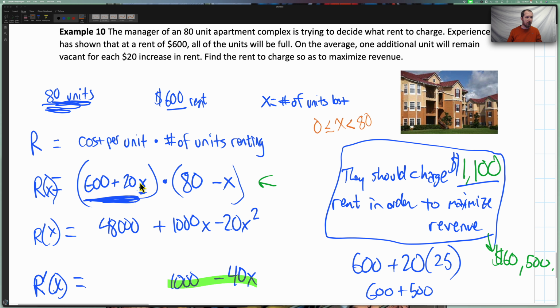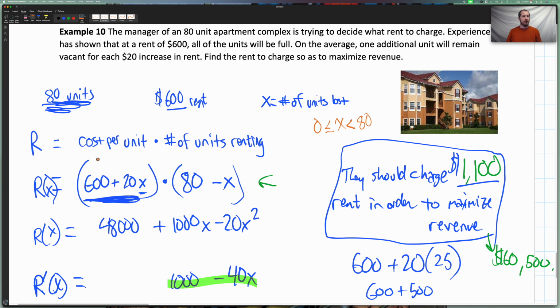All right, so we didn't even state our variable. We should do that first. Our variable, I think what makes sense in this part is how many units are going to be lost. So this is a function of x, how many units are going to be lost. So 600 plus 20x is our cost per unit.